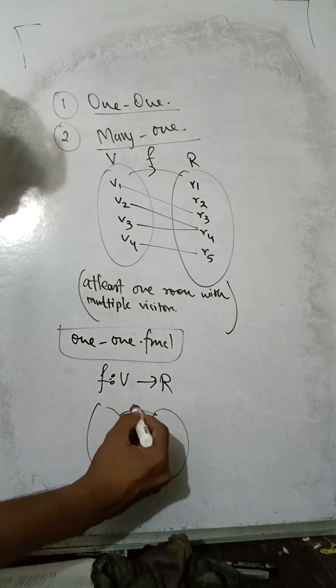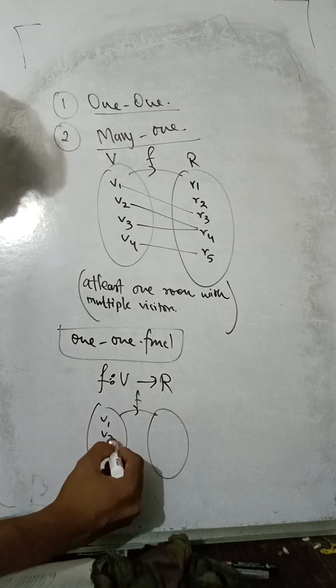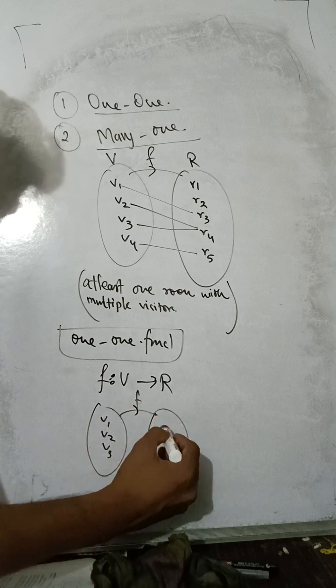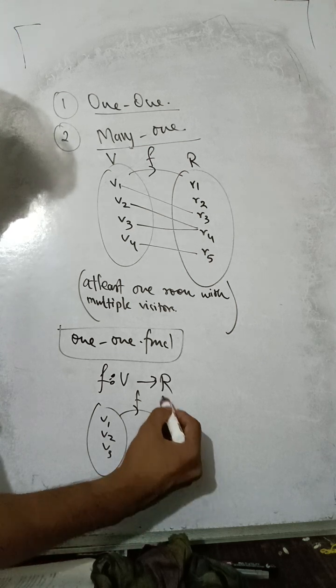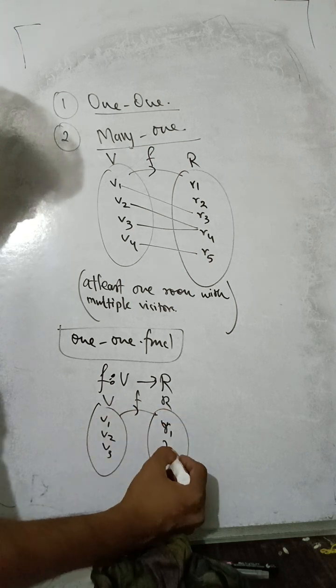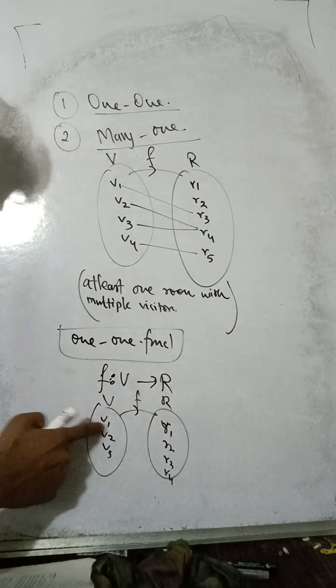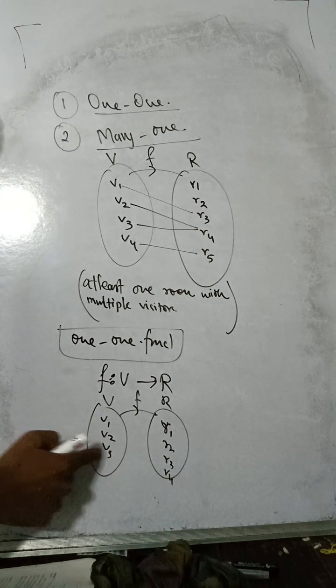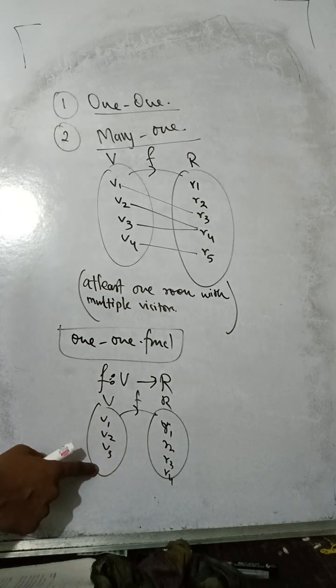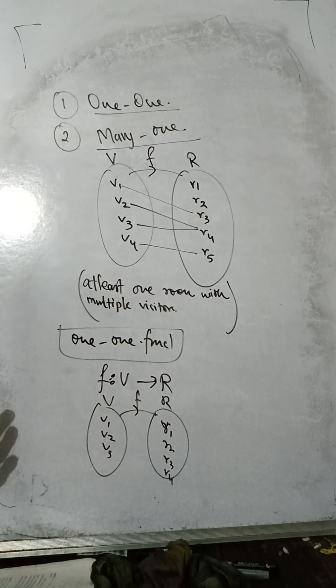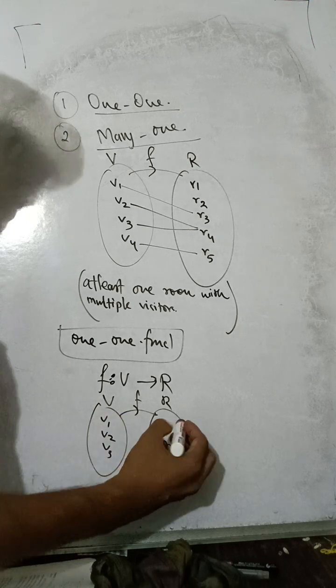If this has to be a one-one function, the number of rooms has to be greater than or equal to the number of visitors, isn't it? Just think about it for a minute.